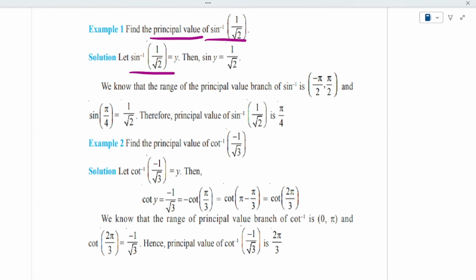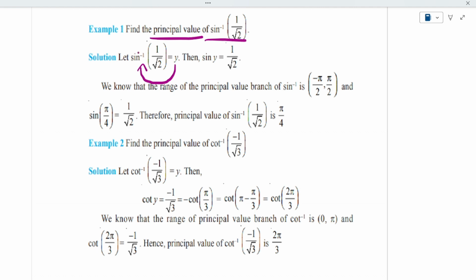We will consider that question and equate it to some variable as y. Now if we send this y to the other side, it will become y inverse.